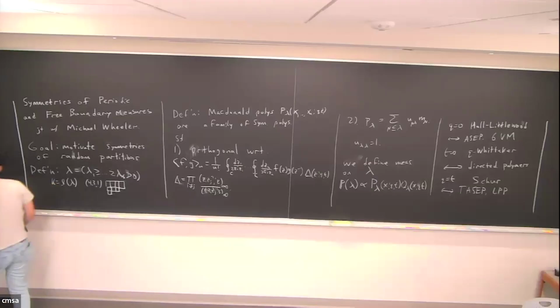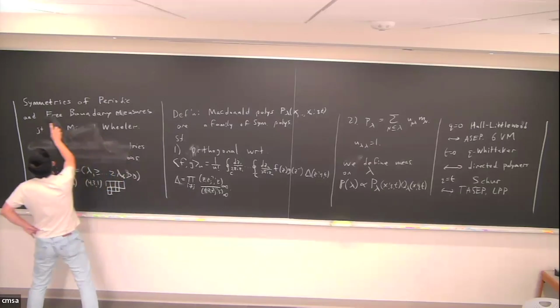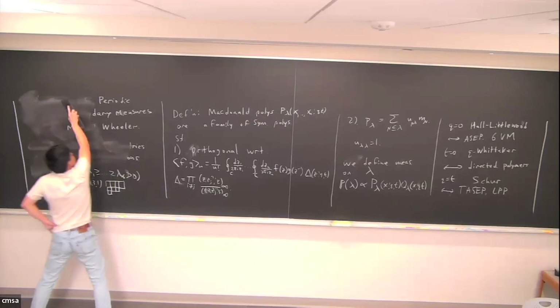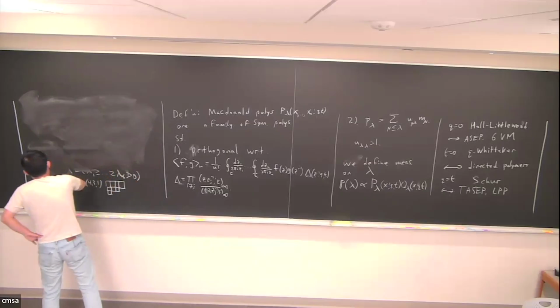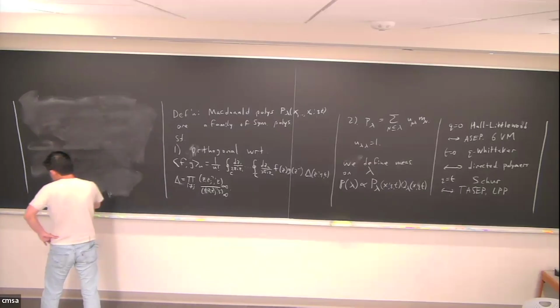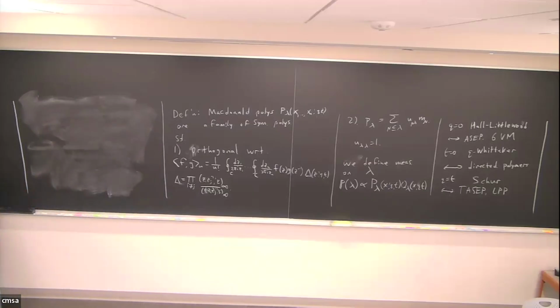Okay, so now I can state maybe the motivation for this project, which are some identities that are originally due to Imamura, Mucciconi, and Sasamoto. So I guess I just erased the title, but there are two types of random partitions that we'll look at: periodic and free boundary random partitions.